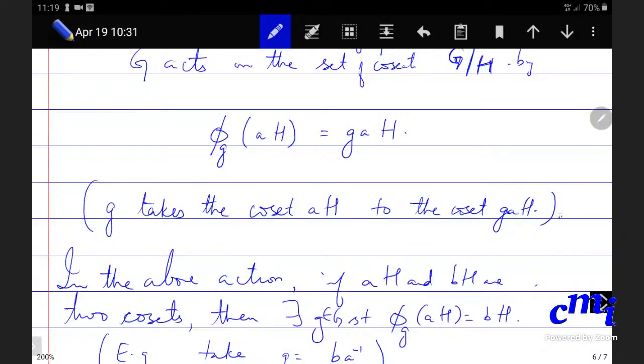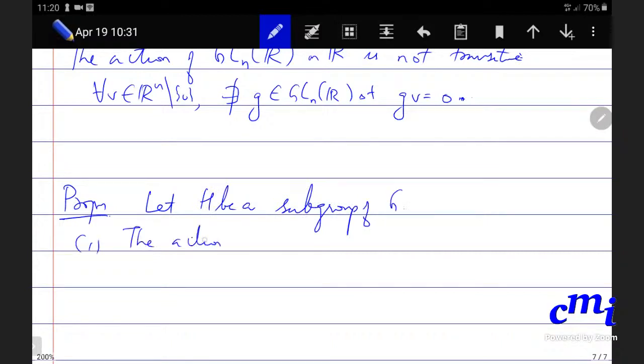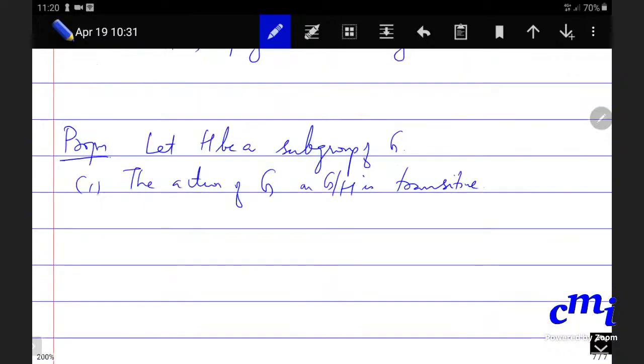So with this, we can probably state the proposition. Of course, the first part of the proposition we already proved. Let H be a subgroup of G. 1. The action of G on G mod H is transitive. And 2.